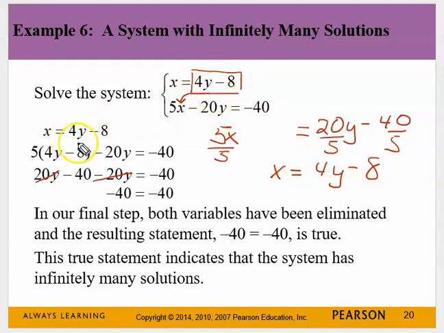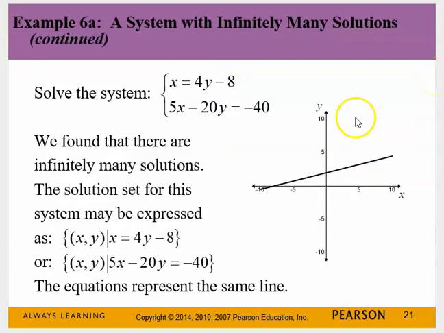So when we solve it for either variable, like we just did, solving for y, or using one of our methods, substitution here, or if you did it by addition, it would come out the same. Okay. So how would you describe the answer? Well, there's an infinite number of solutions.